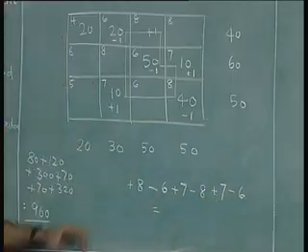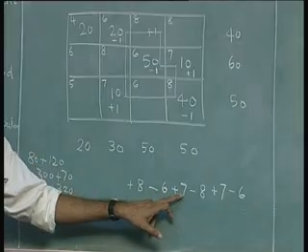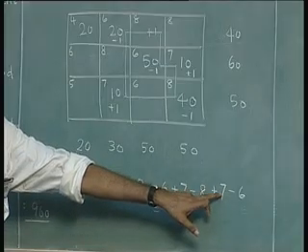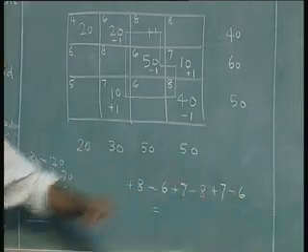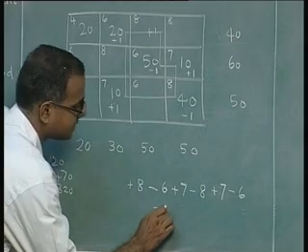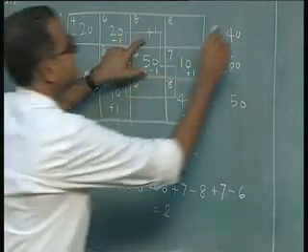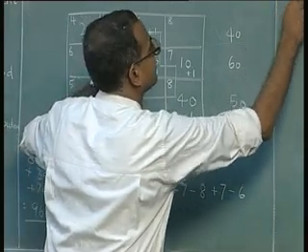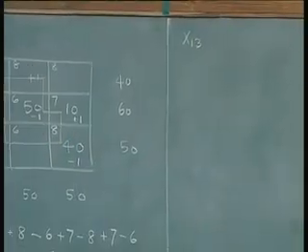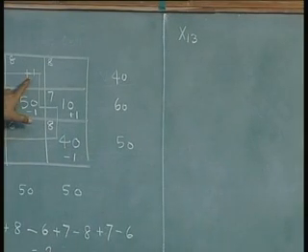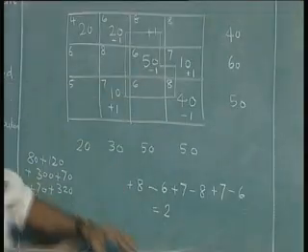So this is 8 minus 6, 2, 2 plus 7, 9, minus 8, 1, 1 plus 7, 8 minus 6 is 2. So the net increase is 2. So it means that if we consider allocating variable x13, putting a 1 to this position, then the net increase is 2.